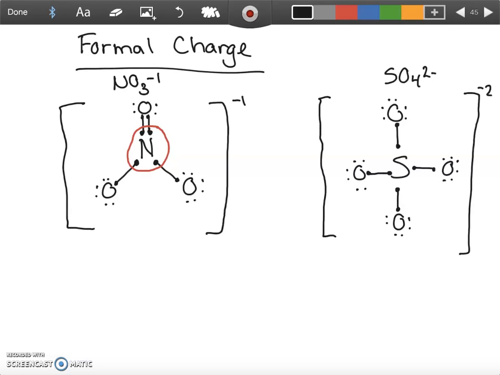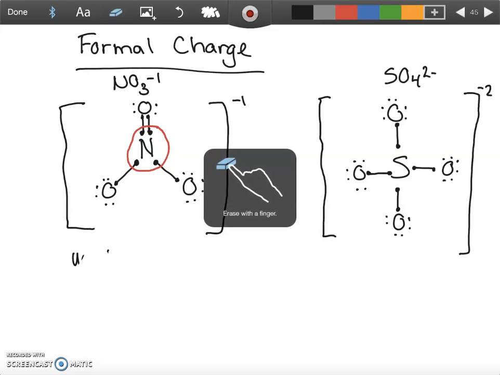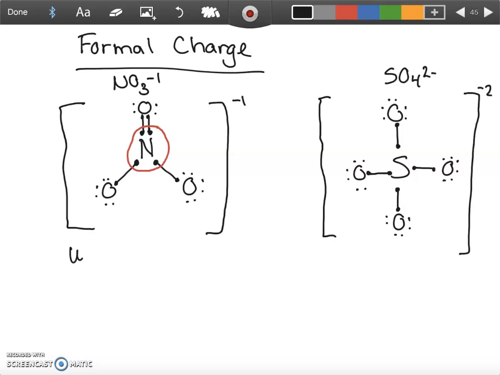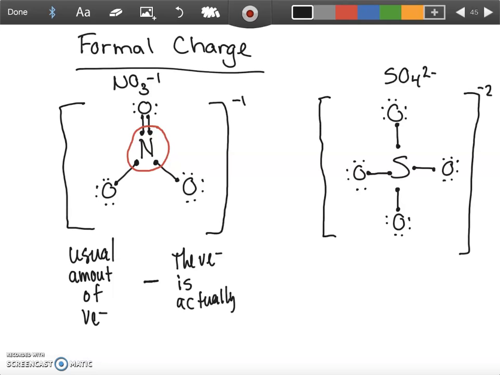So to determine the formal charge of the nitrogen, we take the usual amount of valence electrons, and then we subtract from it the valence electrons it actually has.